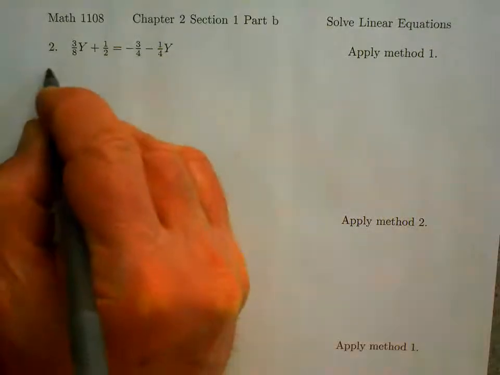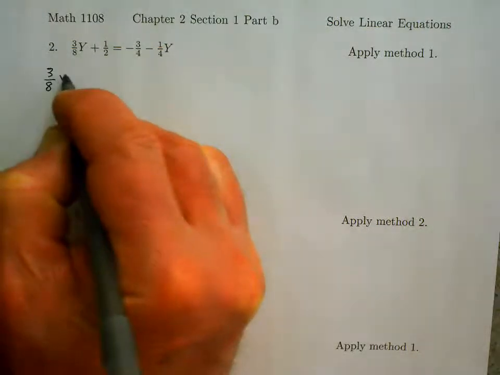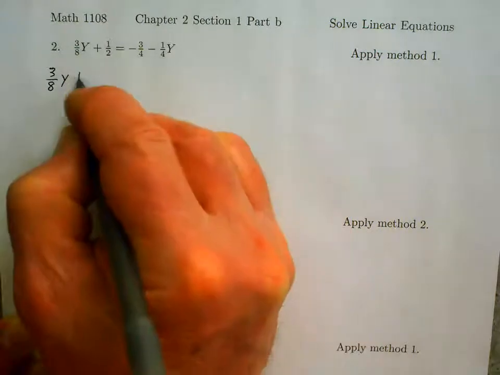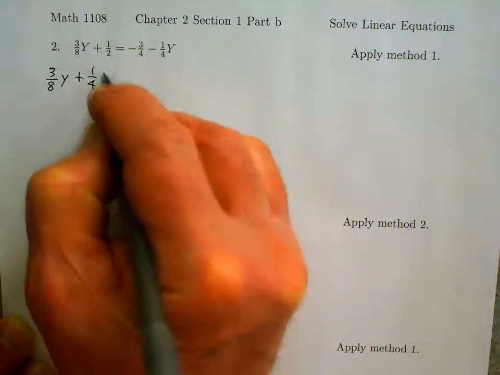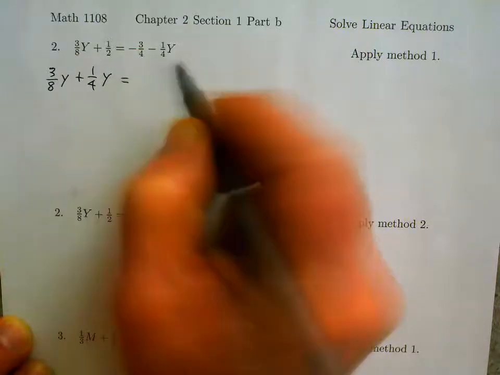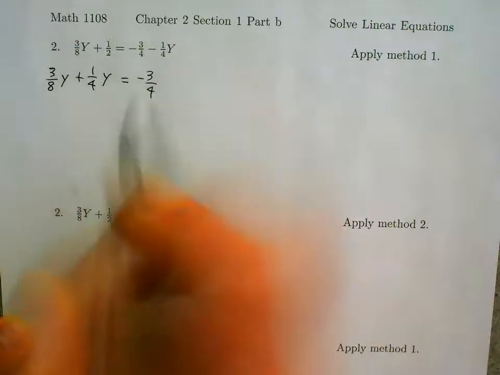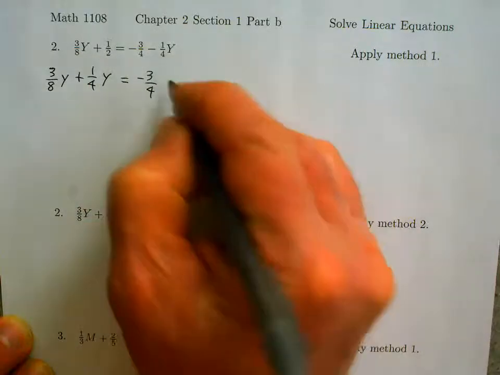So on the left-hand side, I'll retain the 3/8 times y, but we're going to add 1/4 times y. On the right-hand side, we already have -3/4, but we're going to subtract 1/2 from both sides.